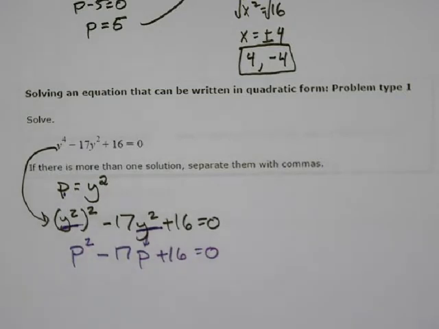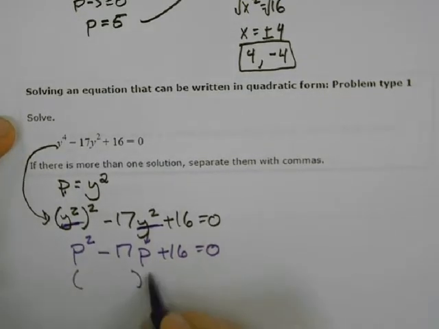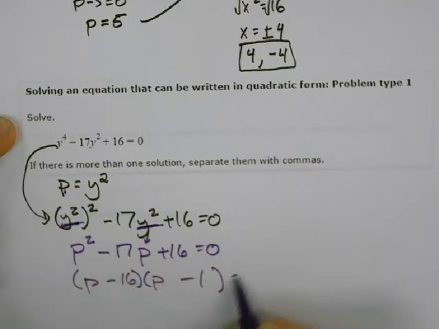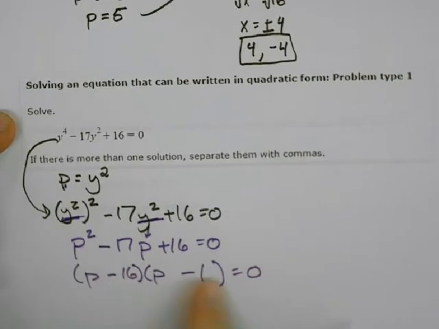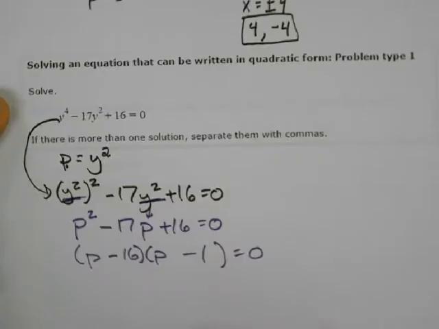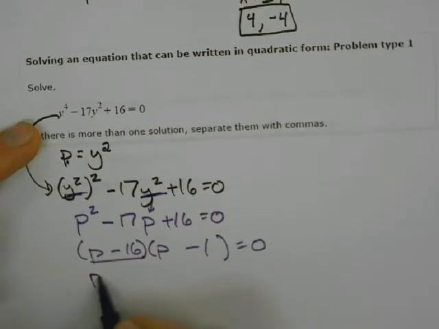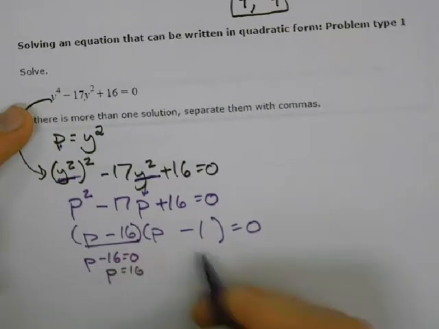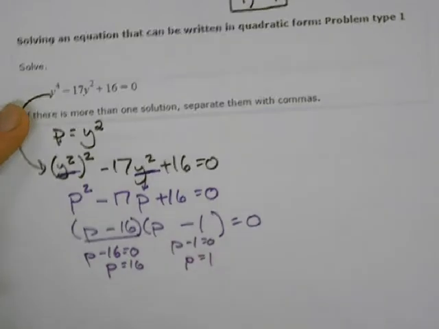I've just rewritten this as a quadratic equation, and now I'm going to try to factor it. Two numbers that multiply to positive 16 and add to negative 17 would be negative 16 and negative 1, right? If I FOIL this out, I would get this back. If I set p minus 16 equal to 0, that means p is 16, and if I set p minus 1 equal to 0, I get p equals 1.